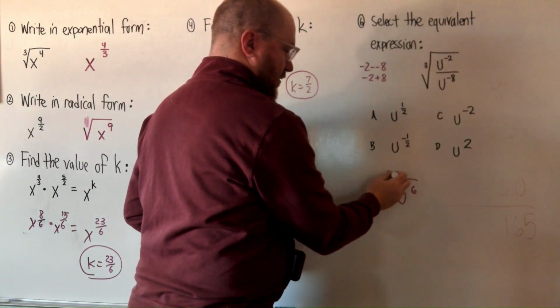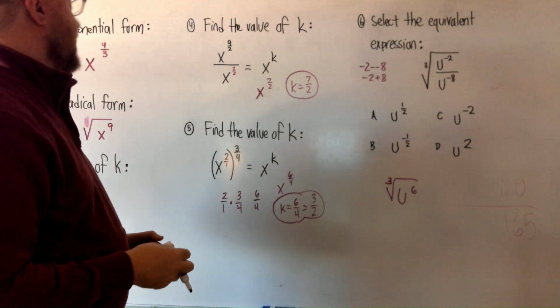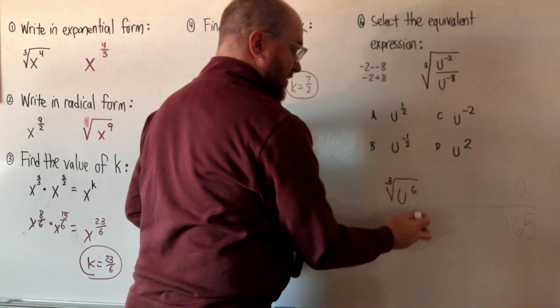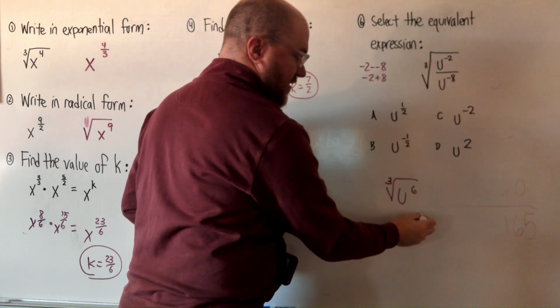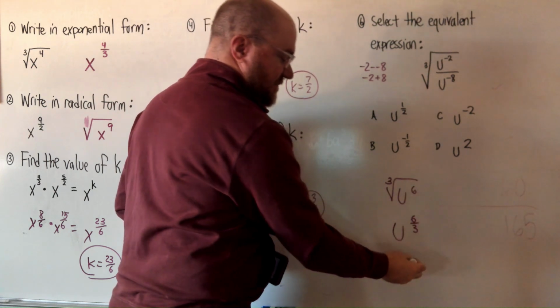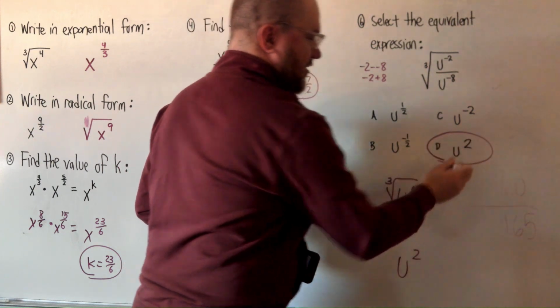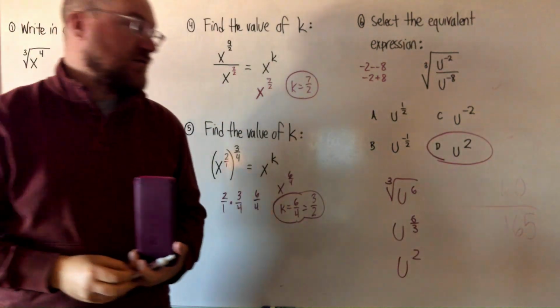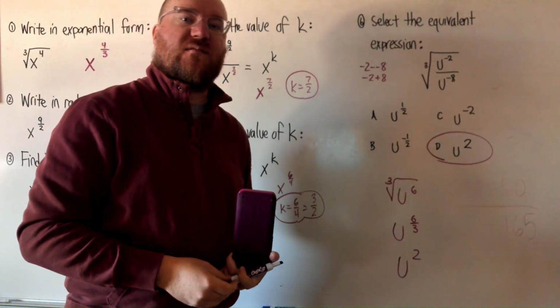And there's still a 3 up here. So now if I go back to question number 1 and 2, and rewrite this without a radical symbol, it would be u to the 6 over 3, which is u to the 2nd, which is choice D. So those are our first 6 examples here. I'm going to pause for a second to give you some more examples.